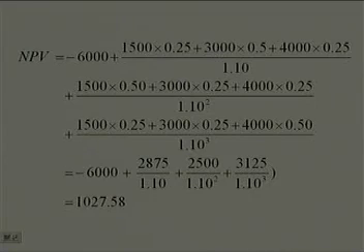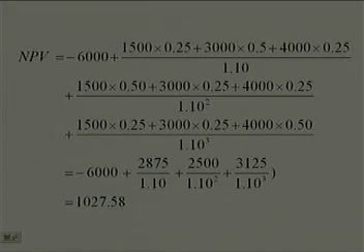Similarly, in the second expression, you can see I have divided it by 1.1 raised to power 2, which is nothing but P given F at an interest rate of 10% for a period n equal to 2. And finally, in the third expression, I have divided it by 1.10 raised to power 3, which is equivalent to P given F for an interest rate of 10% for a period 3.